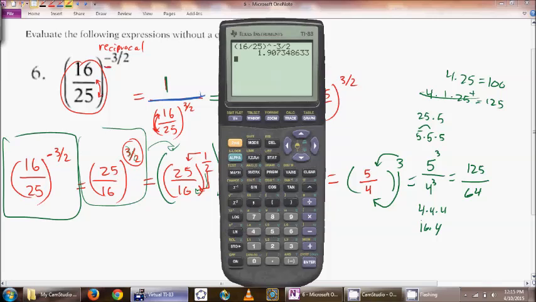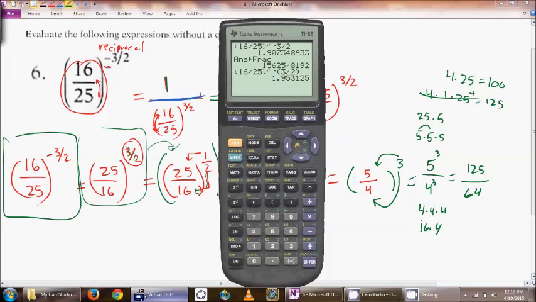Well, I'm going to do some math, right? There's the math button. I'm going to take that answer, 1 point whatever, and convert it into a fraction. Oh, I got it. I didn't type in exactly what was on the paper. Let me do it exactly. 16 divided by 25, end parentheses, raised to the negative 3 over 2 power.